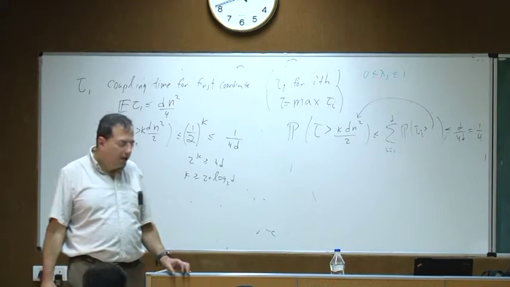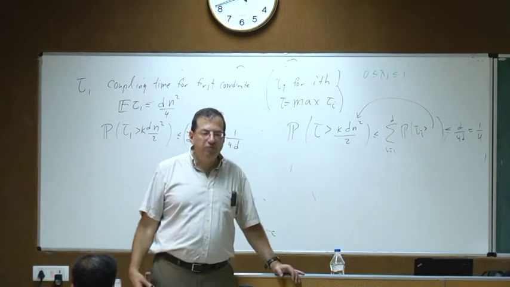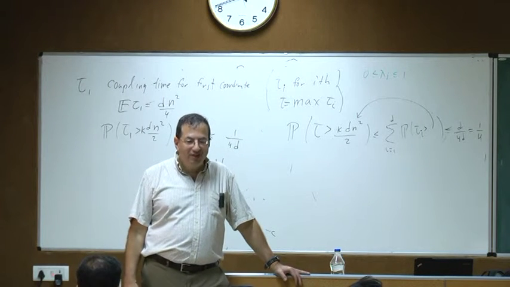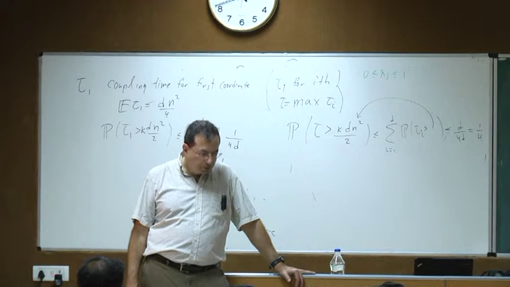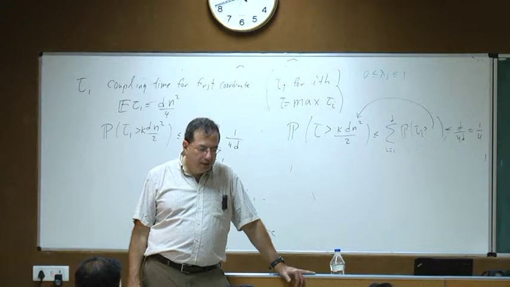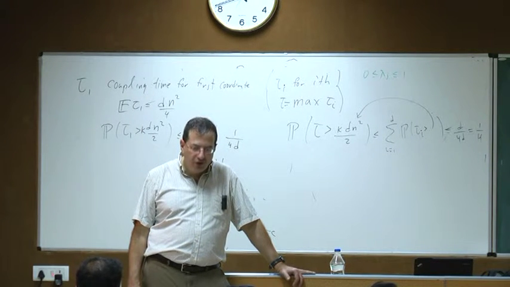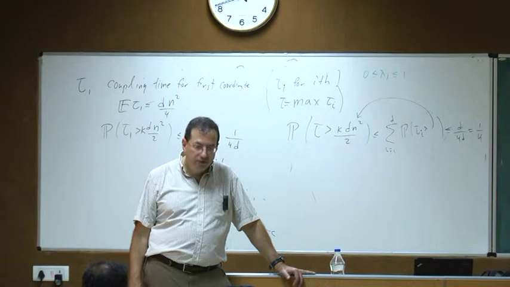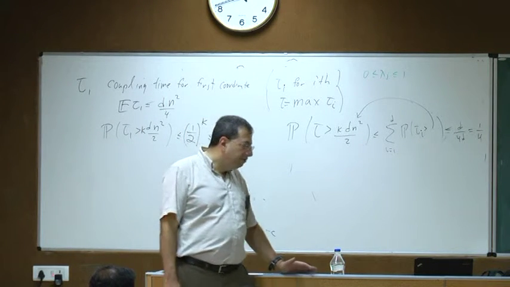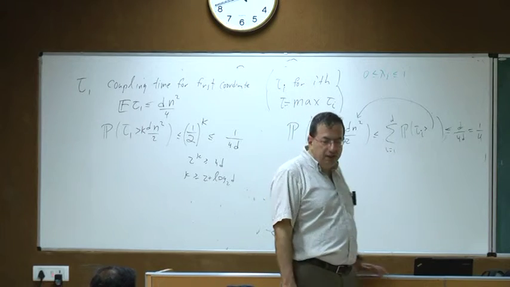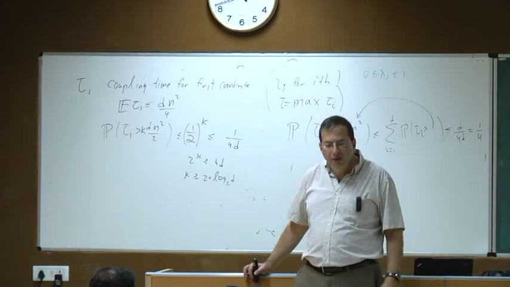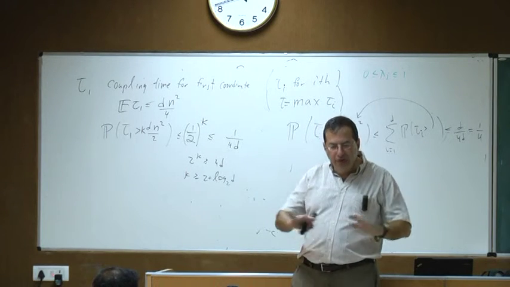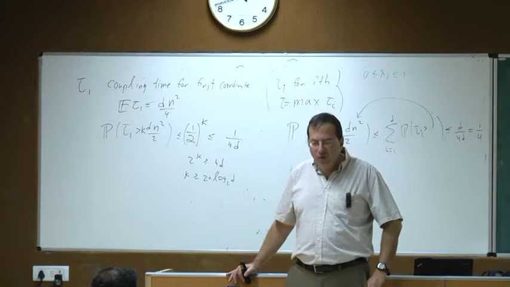Okay, so for those who still want something left from the exercise, show that this is really the right order. So the mixing time is indeed of order d log d times n squared. So get a lower bound. It's fairly easy to get the lower bound of dn squared just by, again, looking at one coordinate. But to get the log, you need some kind of cooperation of all coordinates.